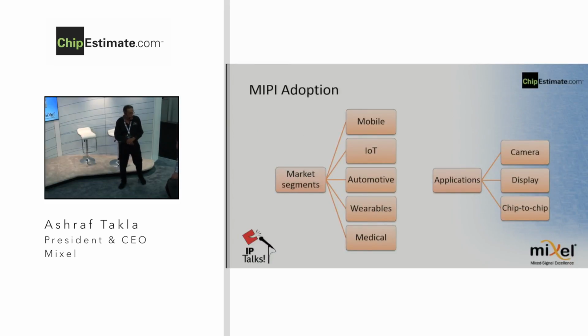So we have been focused on MIPI since 2006. We have been supporting mixed signal IPs for about 17 years now. MIPI is an alliance of hundreds of companies that basically collaborate, originally to support the mobile platform.